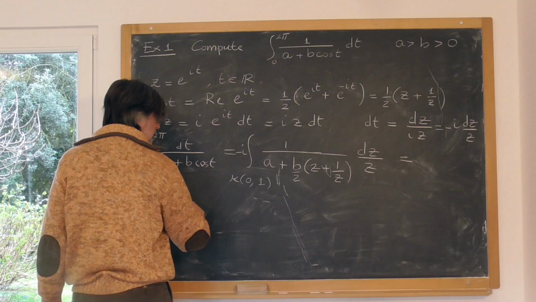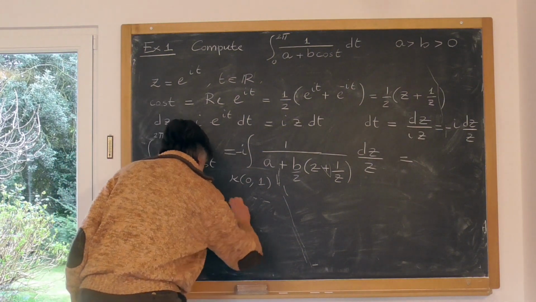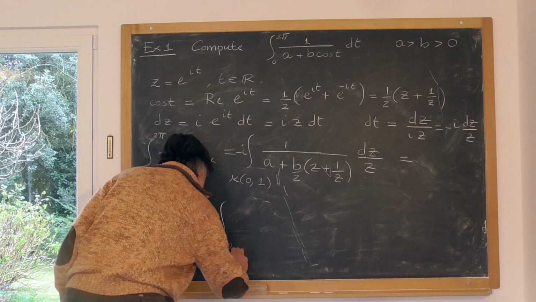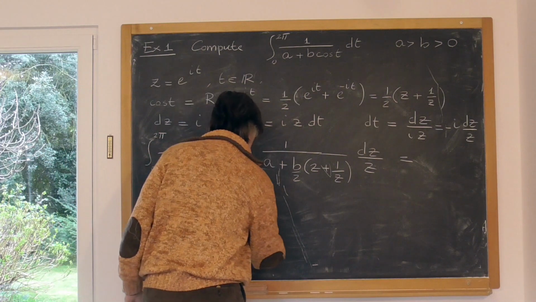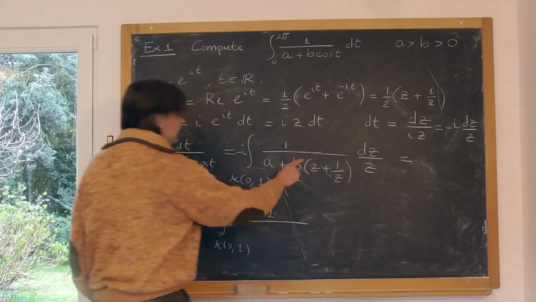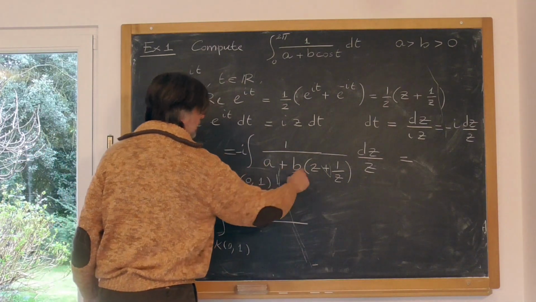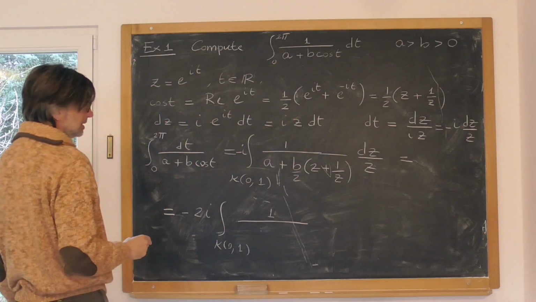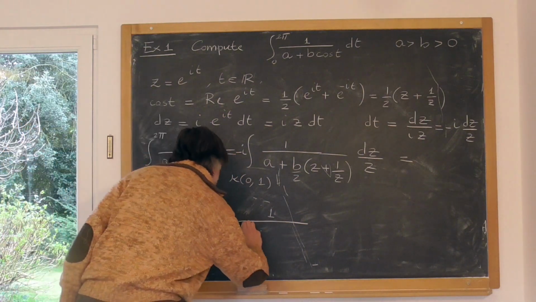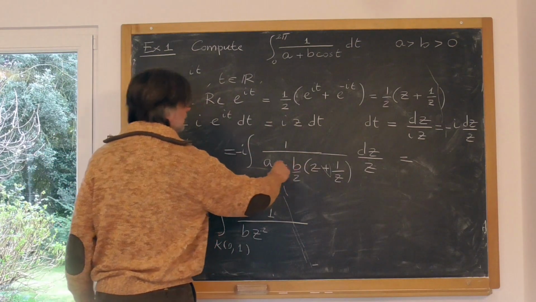And so here we get minus 2i integral, in this case over k01, of 1 over, and here we're multiplying everything by 2, and then now we multiply by z, and we obtain bz squared from here.